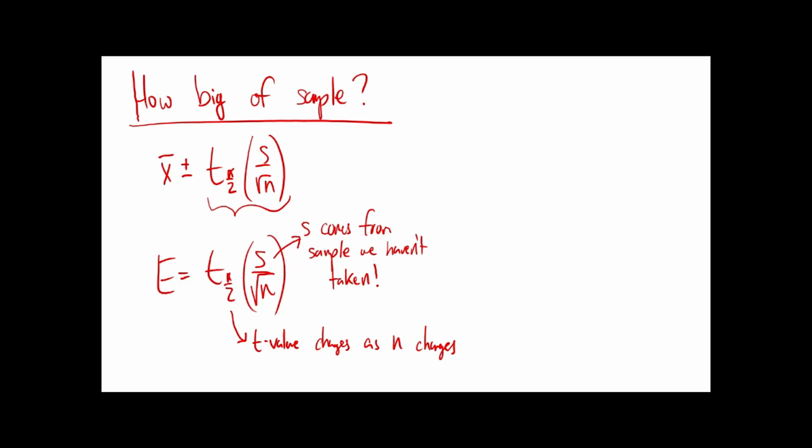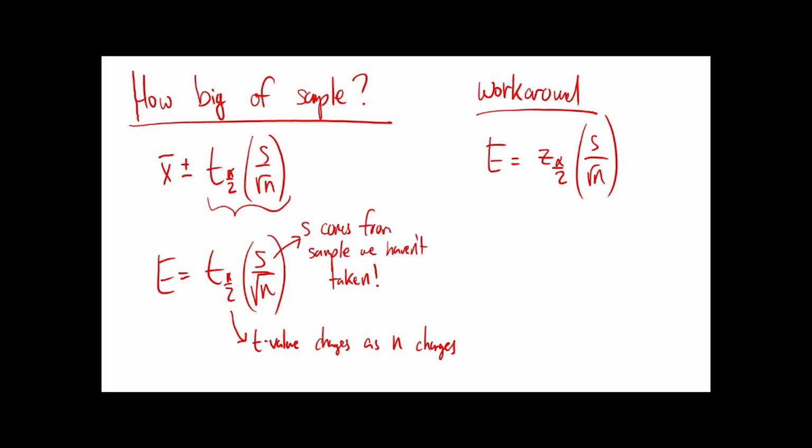Now, what do we know about the t-value, though, as the sample size gets big? It gets close to the z-value. So our workaround here, and it's not perfect, is to say, okay, here's how we'll do it. I know that the z-value is at least pretty close to the t-value.